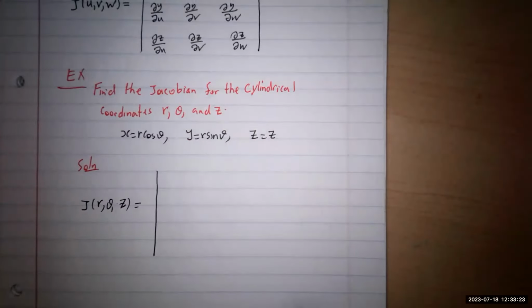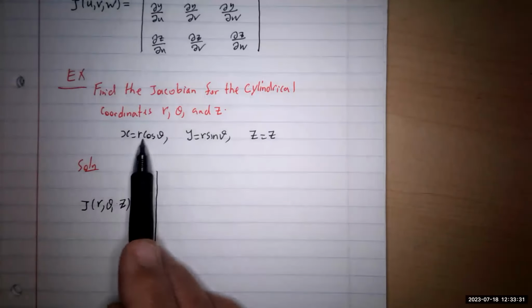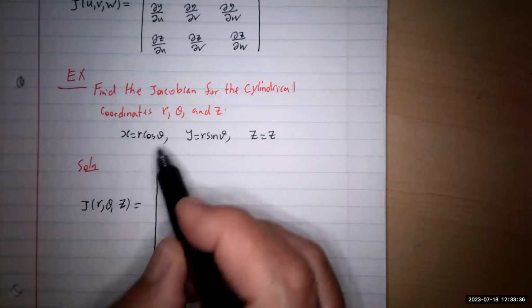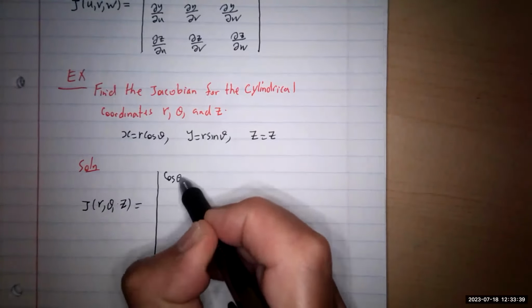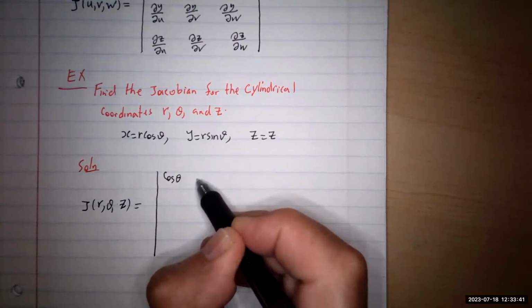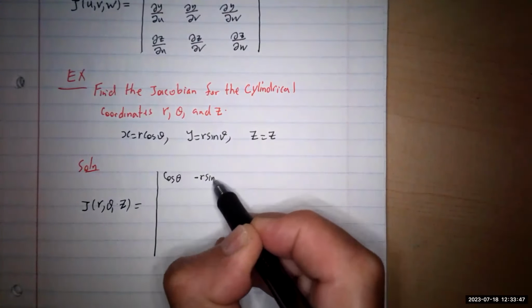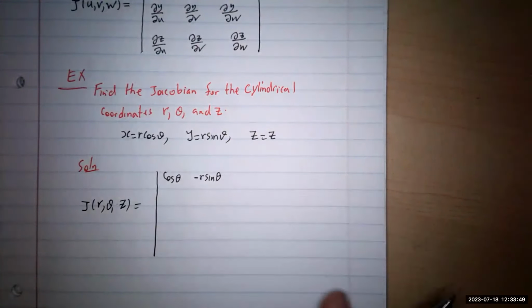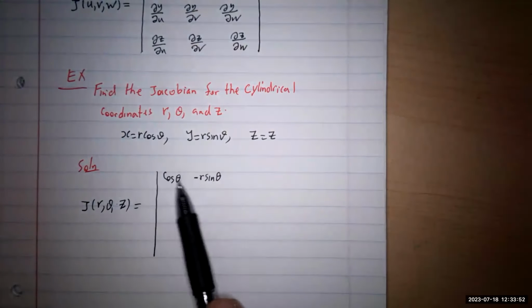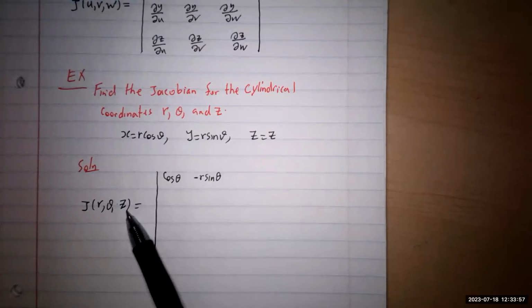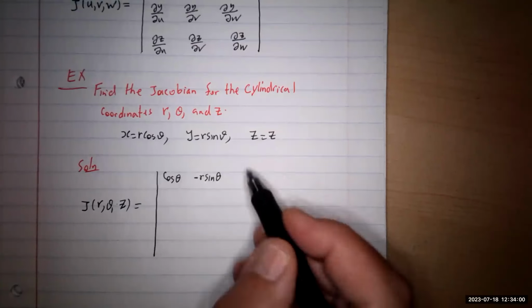So the first row we go with the x. Derivative with respect to r is cosine of theta. With respect to theta it is negative r sine of theta, and with respect to z, there is no z here, so that would be 0.